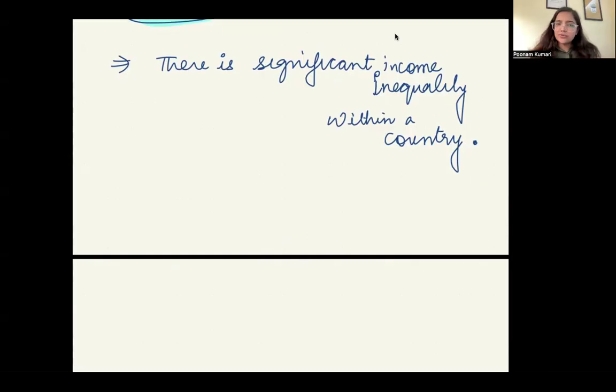Within poor states, also you will see, maybe some people will have too much wealth, and the majority of the people will be below a certain income level. So there is a lot of income inequality that you will face within a country. And in India we can say within a state, within a region, all of these things will exist. Yes, but उसके बारे में हम लोग later on बात करेंगे. Fine.